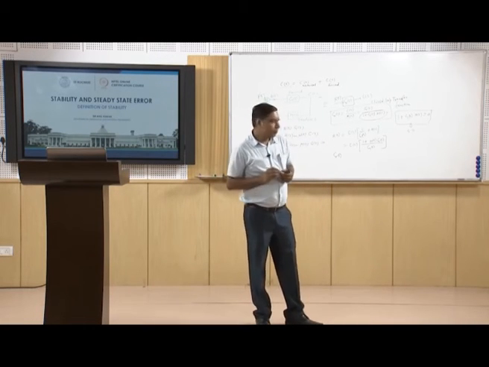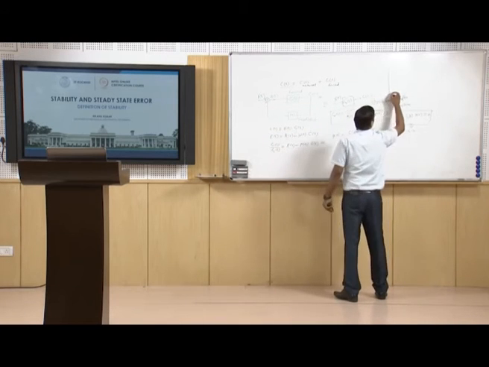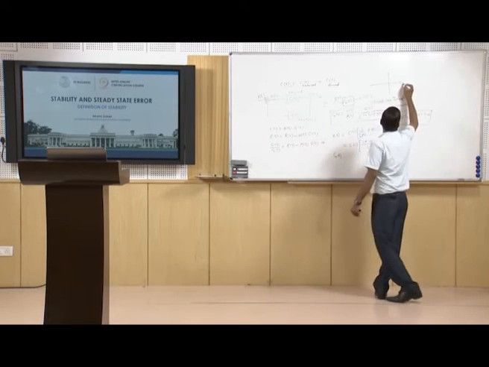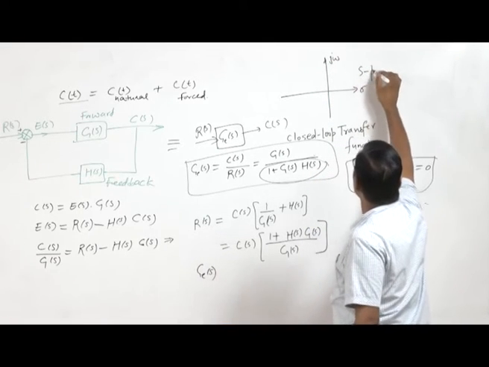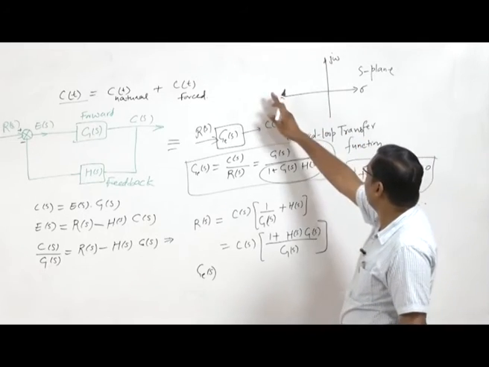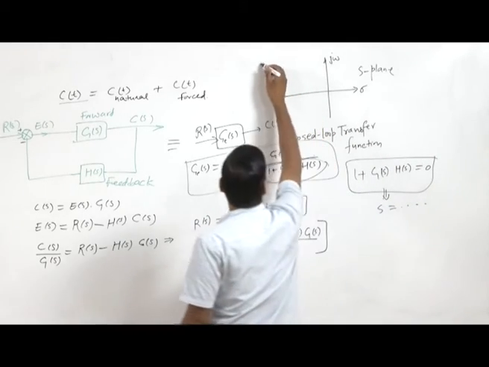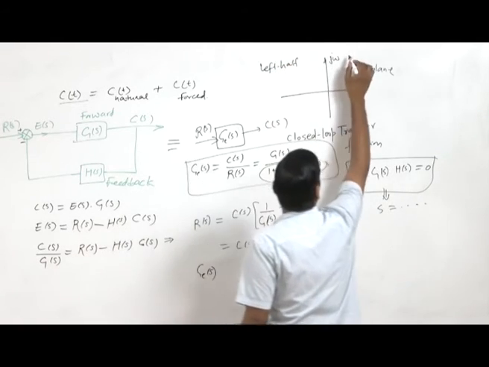complex plane. So here if we have this plane, the s plane, that is sigma j omega, these poles must be in the left half. This is the left half plane and this is the right half.